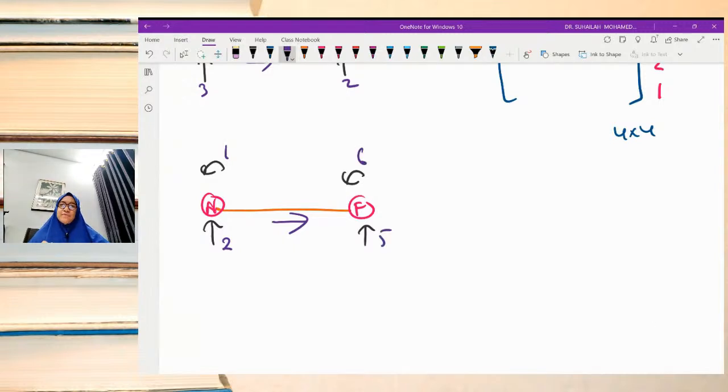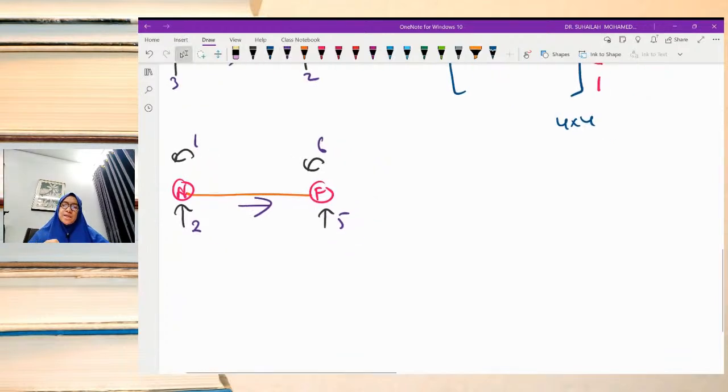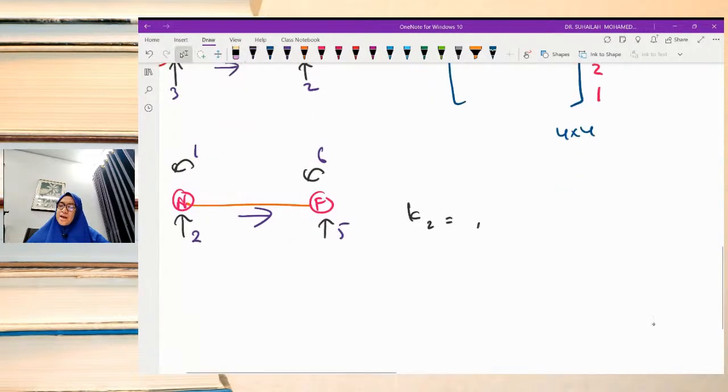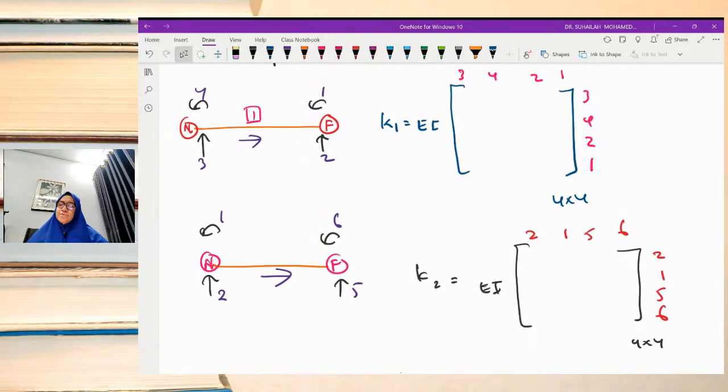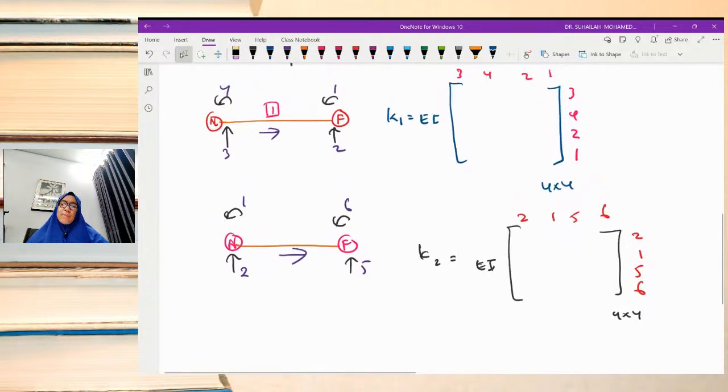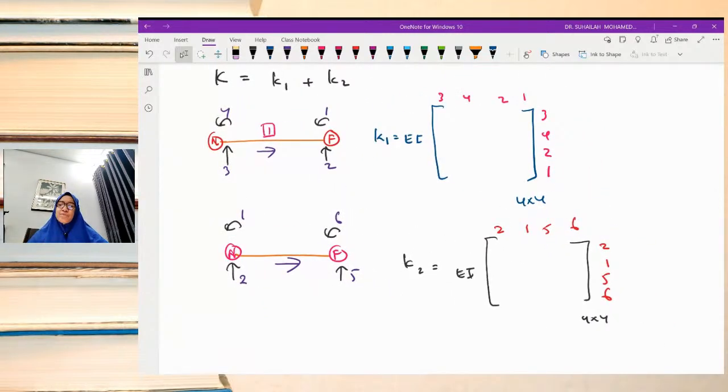Based on this we get K2 in terms of EI, a 4 by 4 element stiffness matrix, labeled as 2 1 5 6. Then we combine to get the structure stiffness matrix.